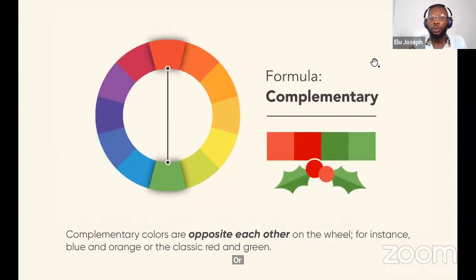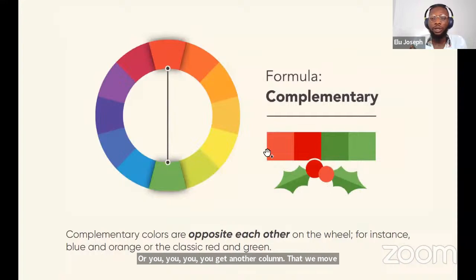Then we moved into complementary. And I remember talking about the perfect example for red and green, which is Christmas. And I said, Christmas has been associated with red and green so much that even though in recent times a lot of people are trying to add gold, trying to add blue, and maybe a touch of black, red and green stands out, and it has become a Christmas branding.